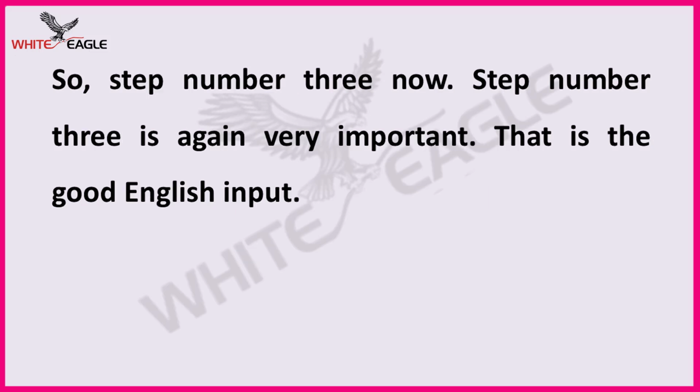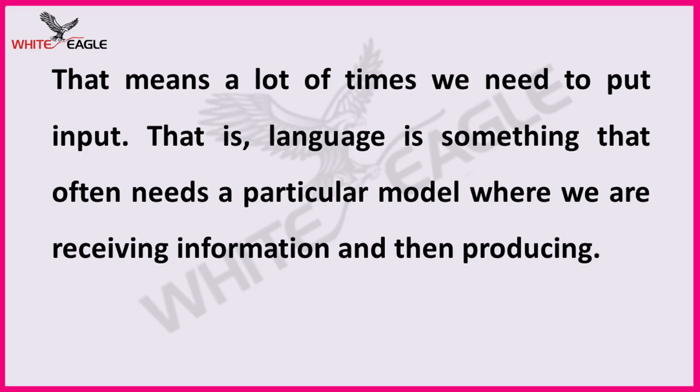So step number 3 now is again very important. That is the good English input. That means a lot of times we need to put input. Language is something that often needs a particular model where we are receiving information and then producing.